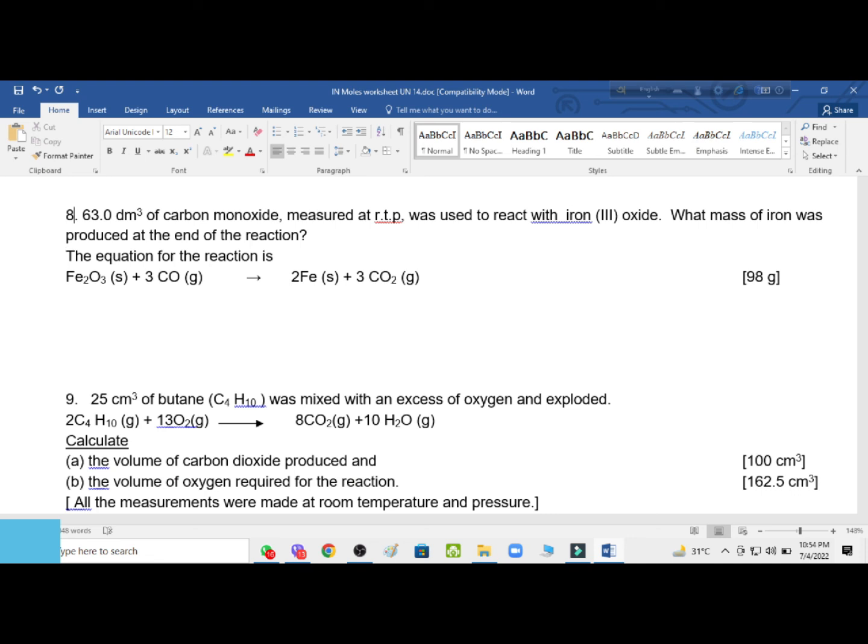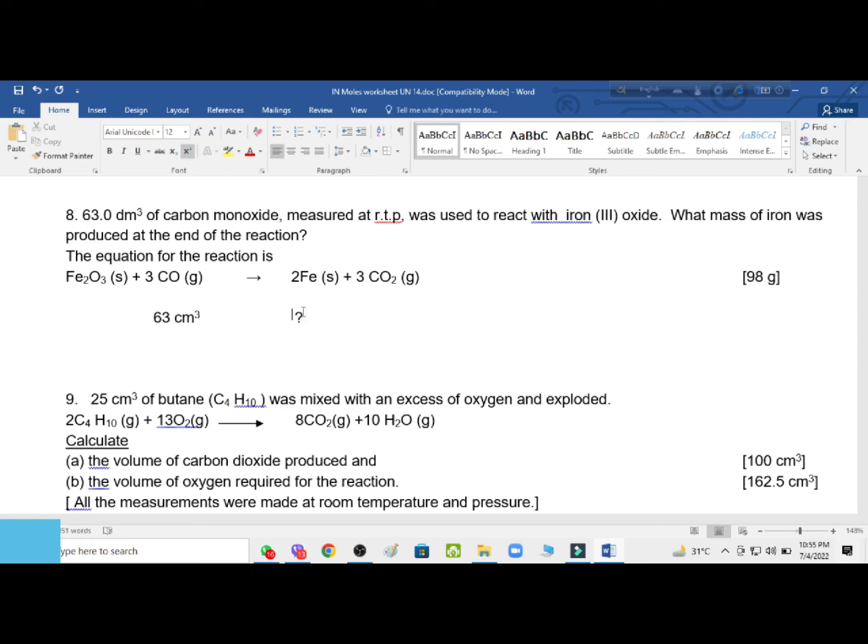63 cm cube of carbon monoxide. Where is carbon monoxide? Here it is. 63 cm cube of carbon monoxide, reacted with iron oxide. What mass of iron is produced? The question says what mass of iron will be produced from this volume.